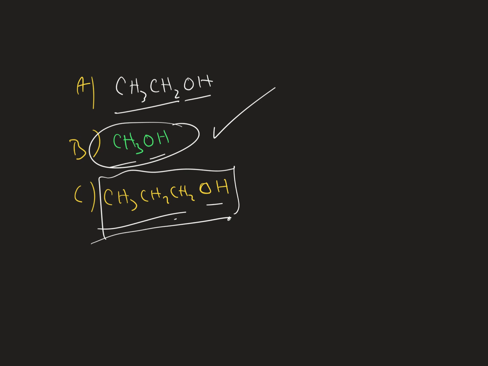C is the weakest because it has a lot of London dispersion in there. Because this part right here is nonpolar, right? And you got a little portion that's polar. So it's mostly nonpolar. So B is the correct answer.